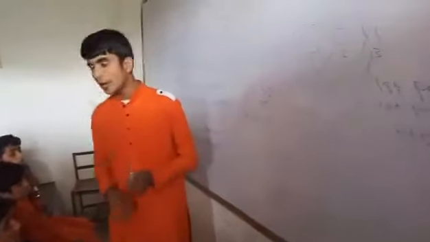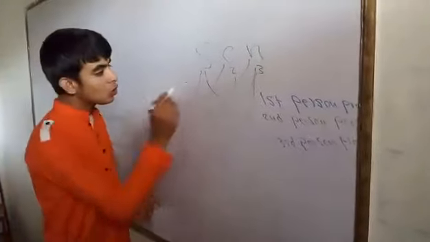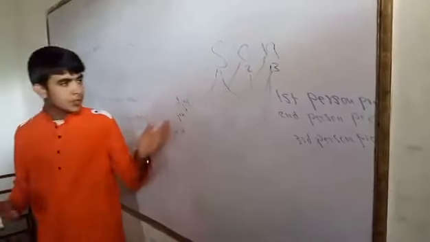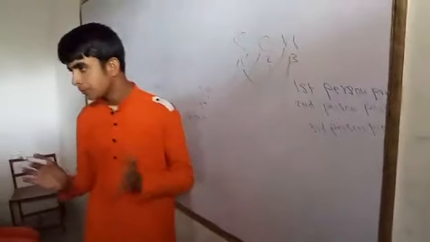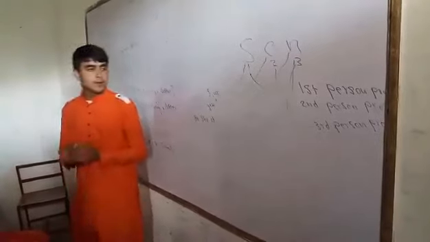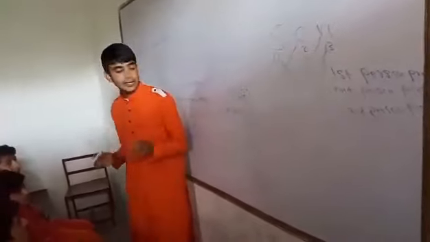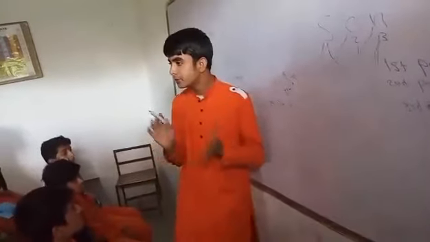There is one formula, S-O-N. I wrote 1, 2, 3 under SON. One means first person pronoun, two means second person pronoun, three means third person pronoun. First person pronouns are I, we, the second person pronoun is you, third person pronouns are he, she, it.